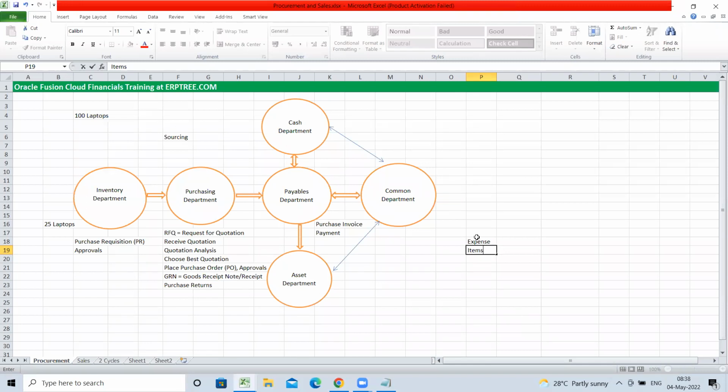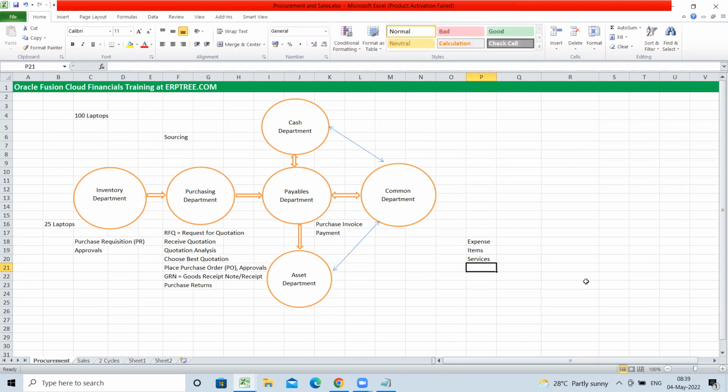Say you want to pay some expense, you have to create the purchase invoice. Or else you took some services from some organization. For the services you took, you have to pay. That means you may create a purchase invoice for the services rendered for your organization.